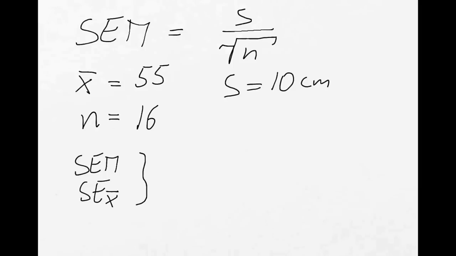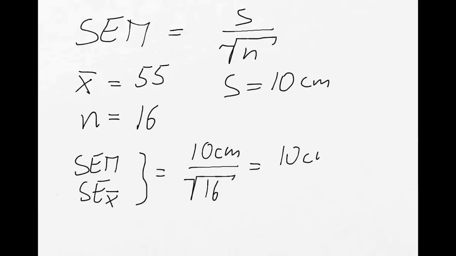So all we need to do is put in our numbers. We have 10 centimeters divided by the square root of 16. This gives us 10 centimeters divided by 4, and that gives us 2.5 centimeters.